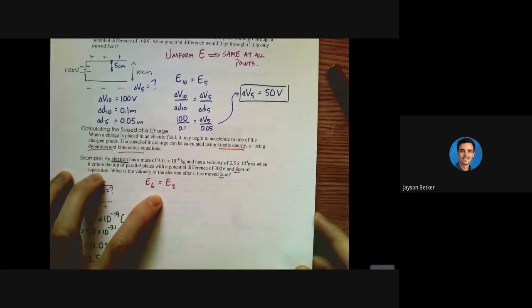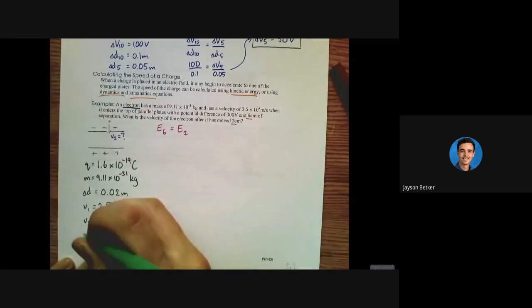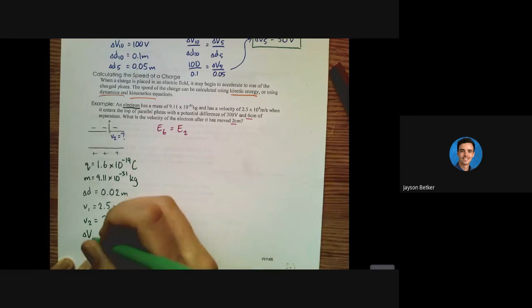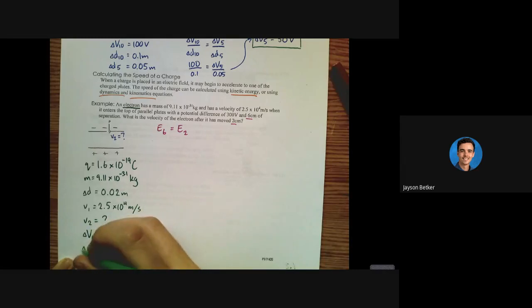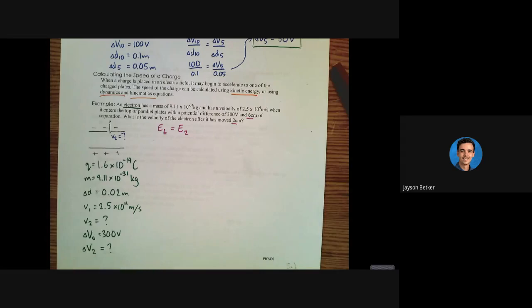But what I do have is this formula right here, basically the exact same setup as the last problem. I know the potential difference for the total thing, so let's write that down: the potential difference for the 6 centimeters, V6, is 300 volts. But now I need to find the potential difference for 2. Once I do that, then I can move on.